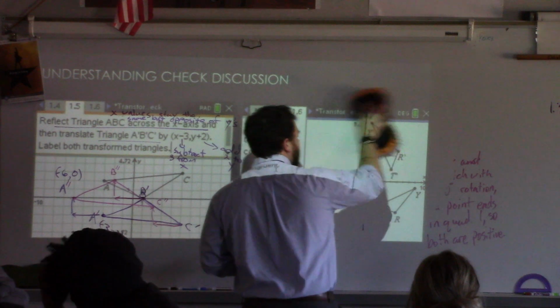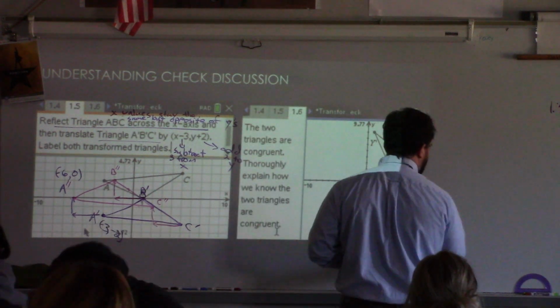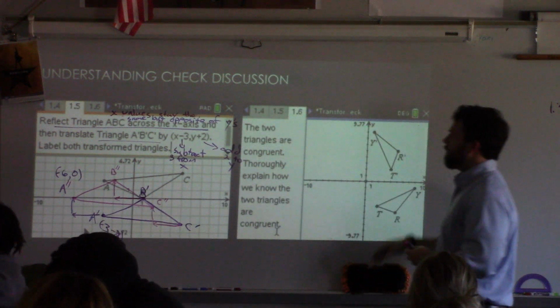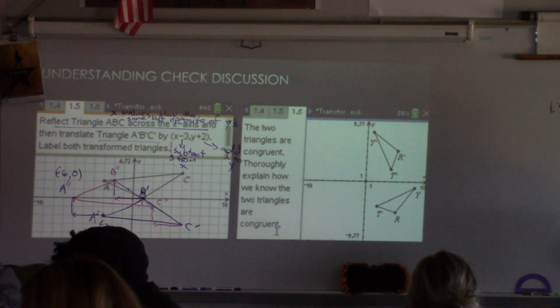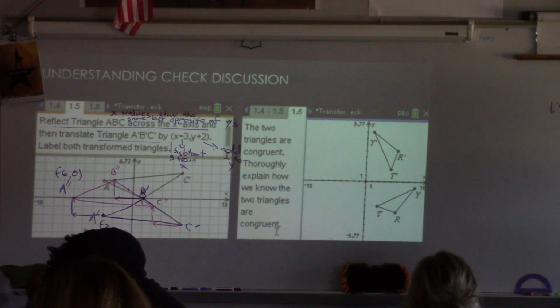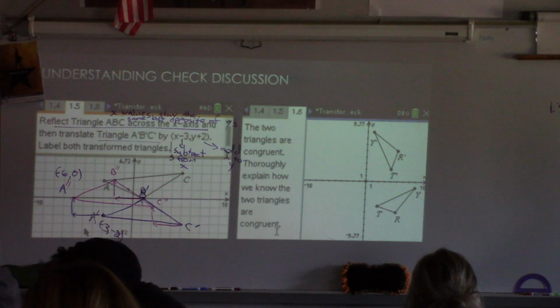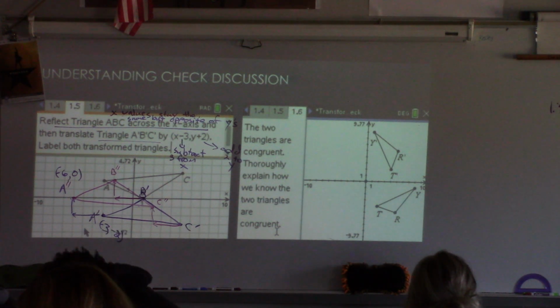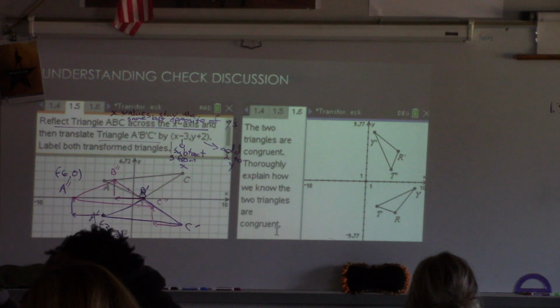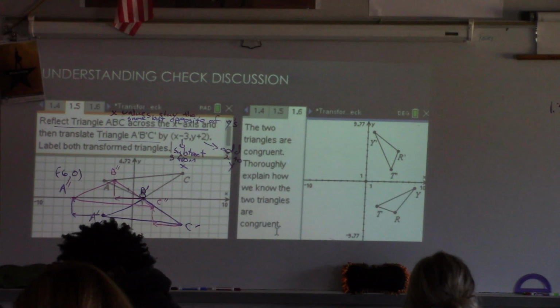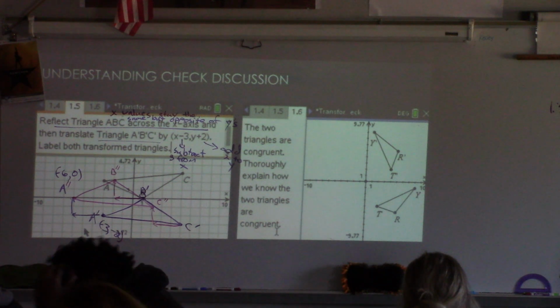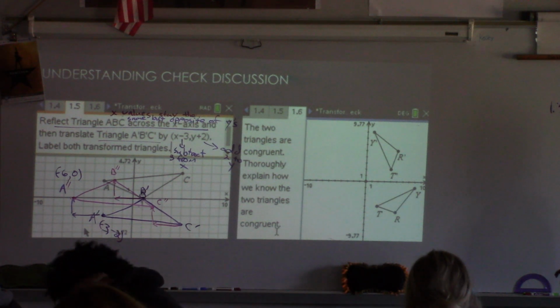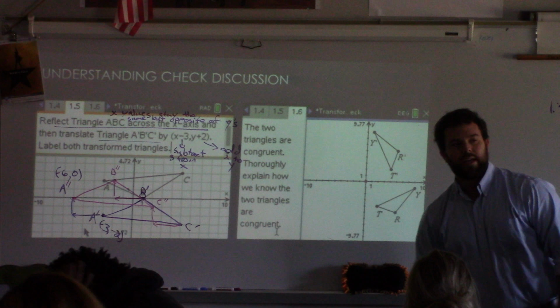So I was very happy with some of our justifications and realizations on 1.6. I saw a lot of students say, hey, the side lengths and the angle measures are the same, so they're congruent. Did any of y'all actually measure any of those angles? No. Did any of you ever actually measure the length of those sides? No. So we don't know based on that logic that they are congruent.